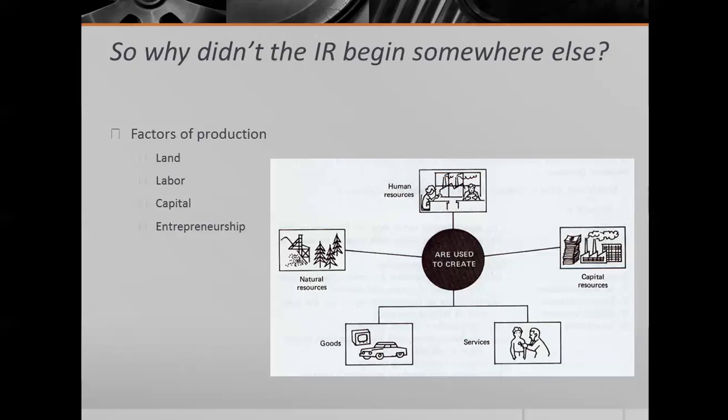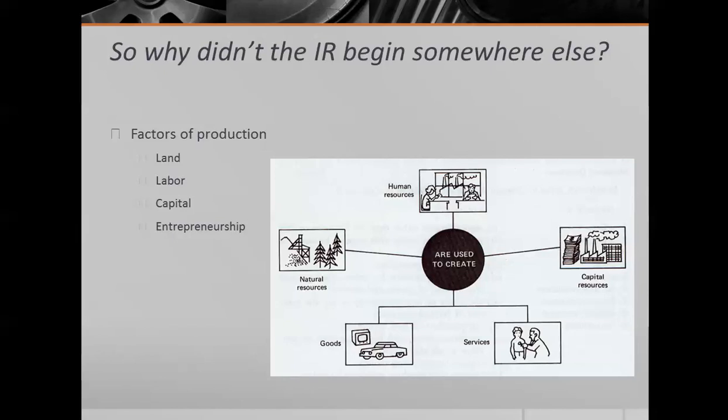When we talk about factors of production, we're talking about land, labor, capital, and entrepreneurship, really. Land is the natural resources like coal and iron ore. Labor is the people that we just talked about, skilled and unskilled. Capital, when we say capital, we're talking about banking and investment interests capable of funding the cost of factories and machinery.